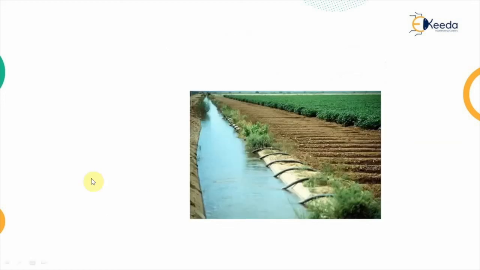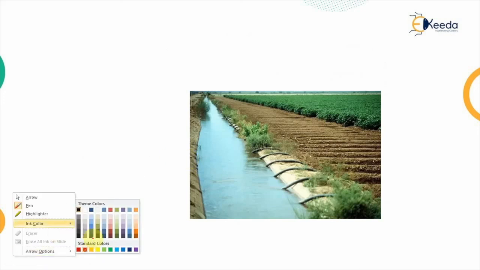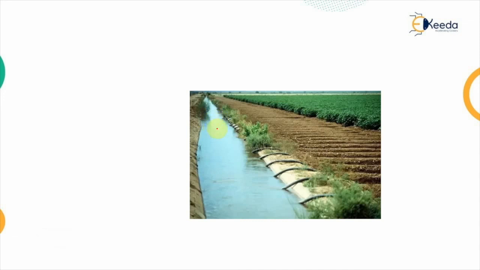Now as you can see here, this canal which is constructed will be the responsibility of the respective state government, but the supply of the water from here will be done by the farmer. The farmers will be responsible for the taking off of the water from these canal systems.